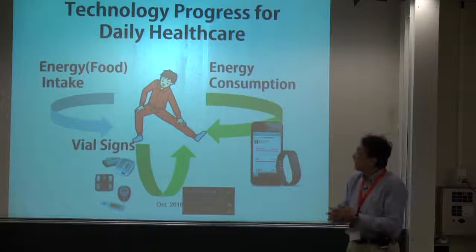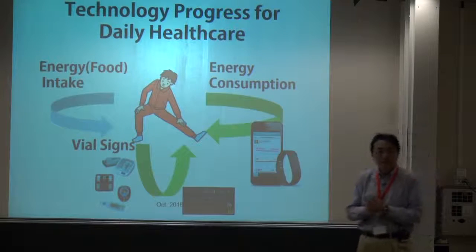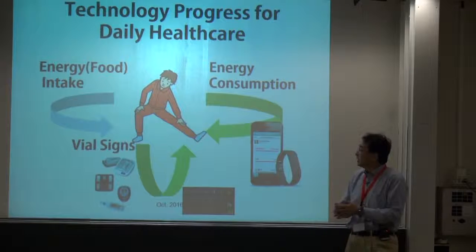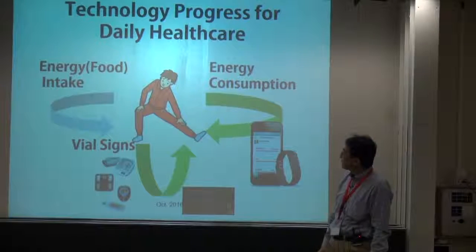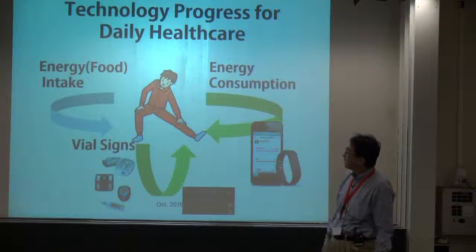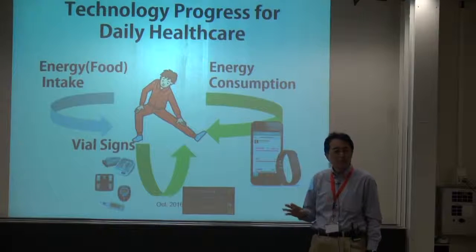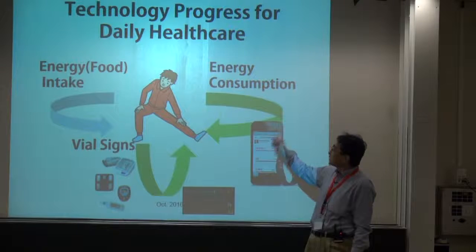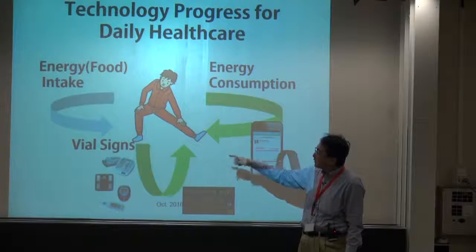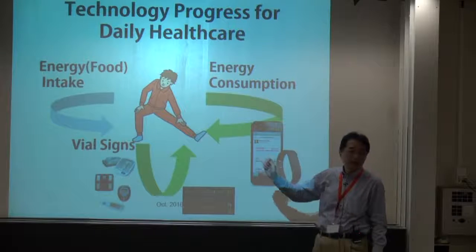And the healthcare technology, I would like to talk about the status of the healthcare technology. In order to monitor our health, we need three things: the energy consumption, the vital signs, and the energy intake.